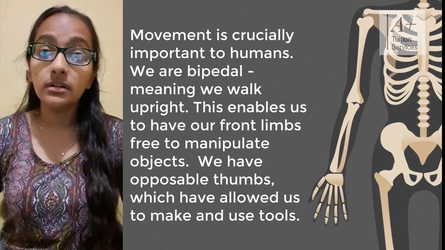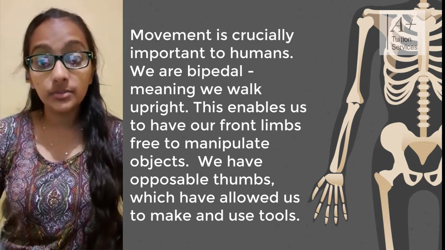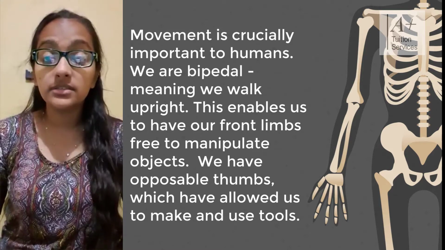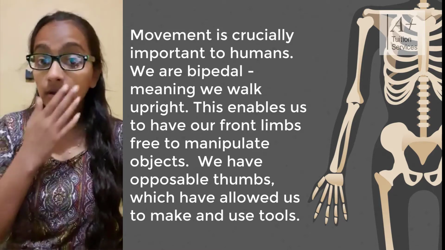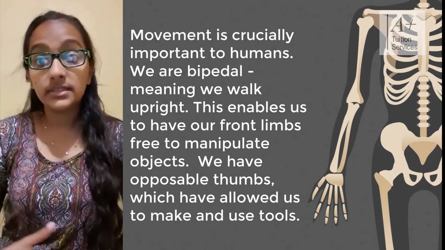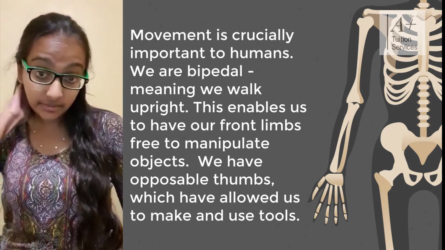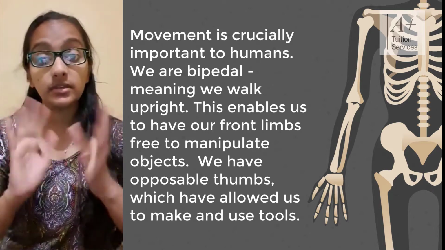So let's start. So basically, movement is crucially important to humans. Why? Because we need to do daily activities. Humans are bipedal, meaning we walk upright, and this enables us to have our front limbs free to manipulate objects. Front limbs meaning your hands.